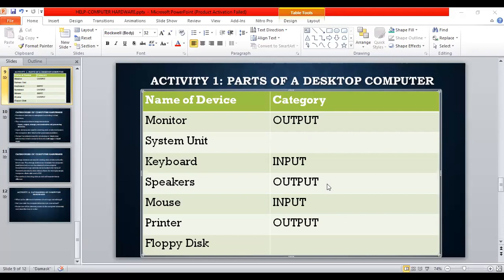Okay, now system unit, and then the floppy disk. System units.